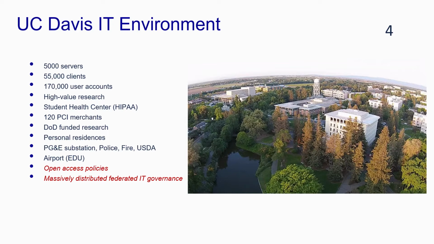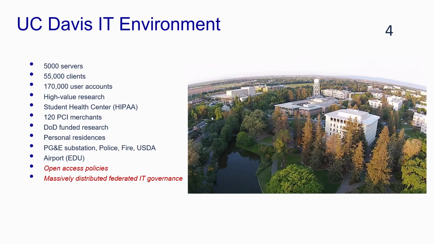And then we have a huge variety of industrial control system like services. We have a whole entire PG&E substation on campus that we operate, and we have wastewater, chilled water plants, and automated agriculture. It's just a huge number of control systems on campus that we have to monitor and maintain. And we have police, fire, all kinds of stuff.